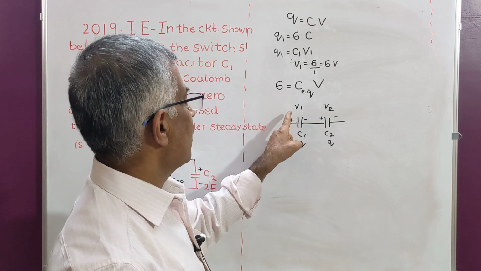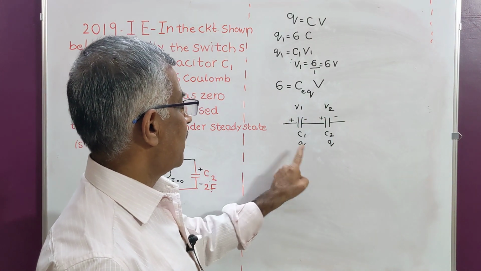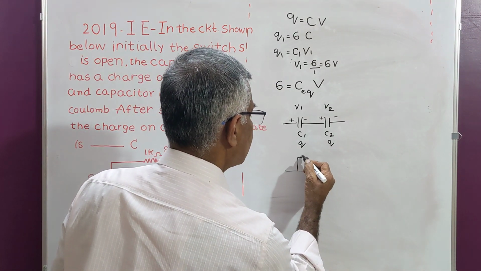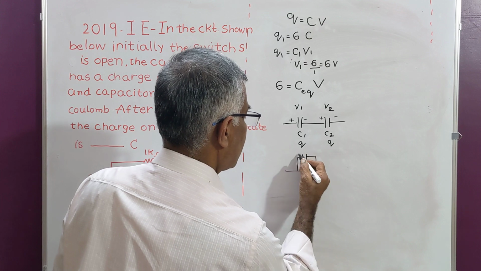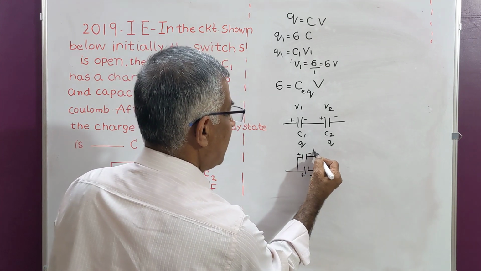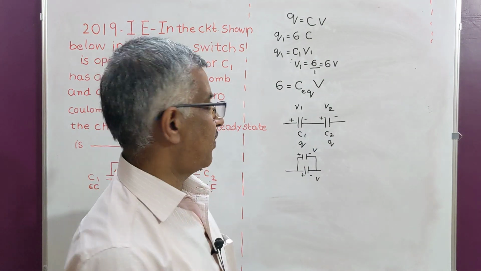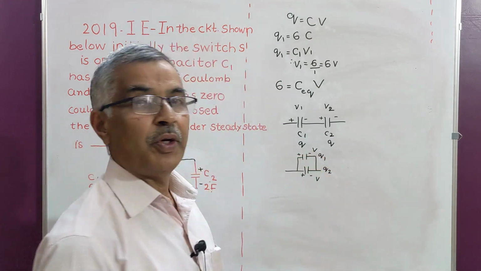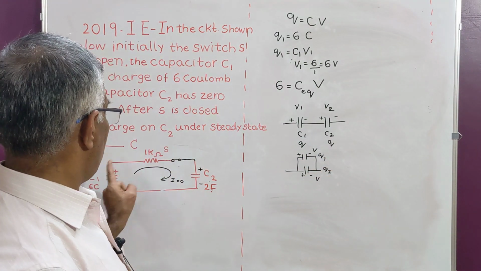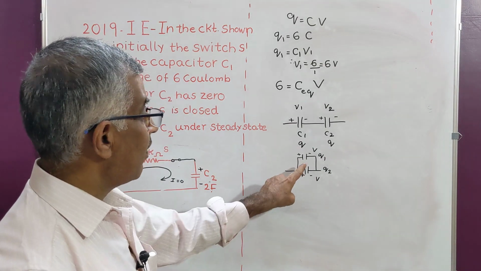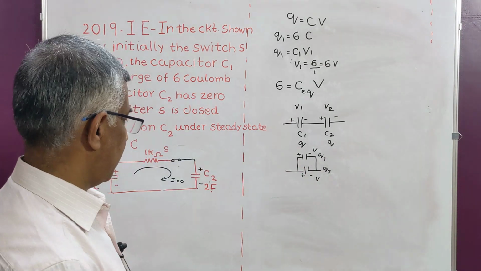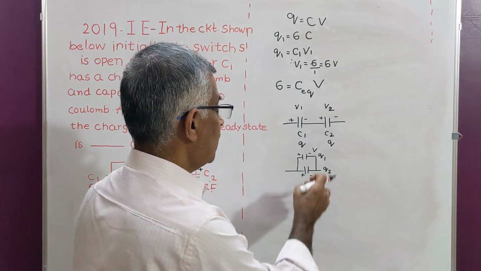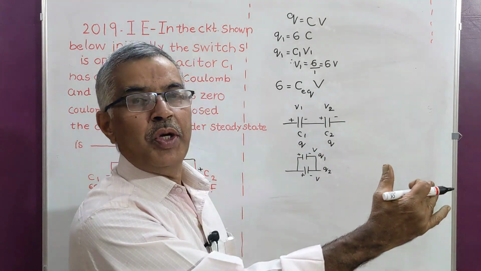Whereas in parallel arrangement, the voltage remains the same, but the charges are going to be different. In this problem, voltages are the same. That means it is a parallel arrangement, not a series arrangement. Only in the parallel arrangement does the voltage across the plates of the capacitors remain the same. Charges are going to be different.